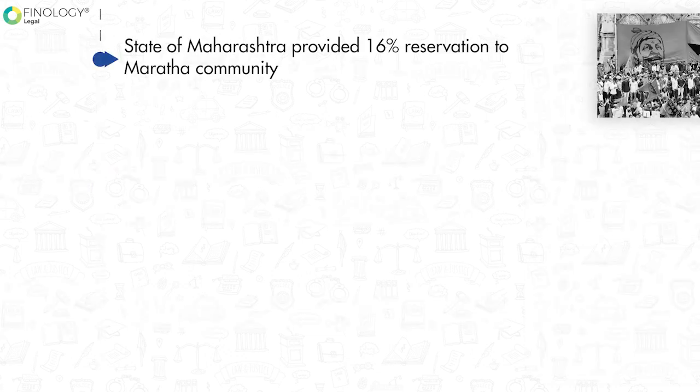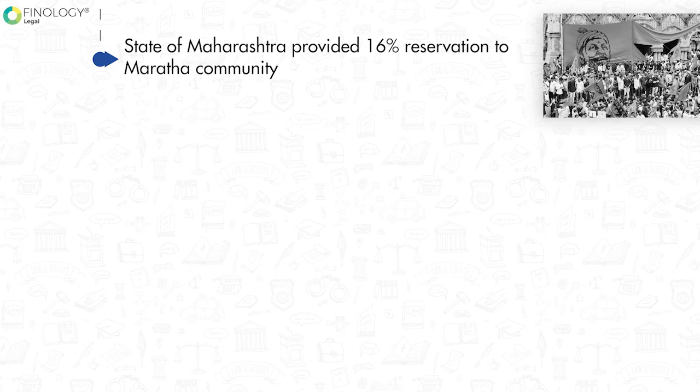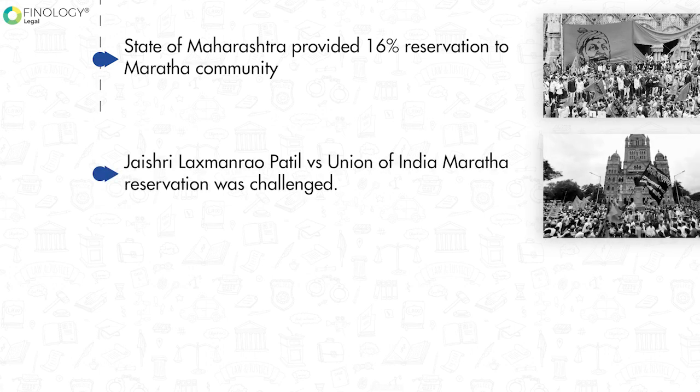In the same year, the state of Maharashtra also provided 16% reservation to the Maratha community in higher education and public employment under the Socially and Educationally Backward Class Act 2018. And again, in 2019, we saw the case of Jaishri Laxmanrao Patil versus Union of India, which was the challenge to the Maratha reservation that was given.